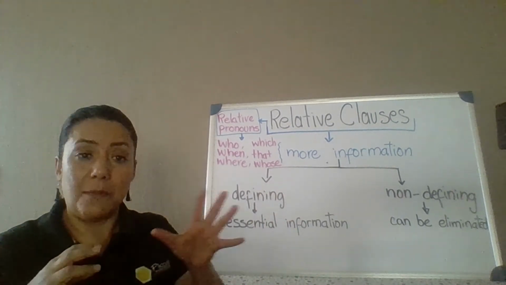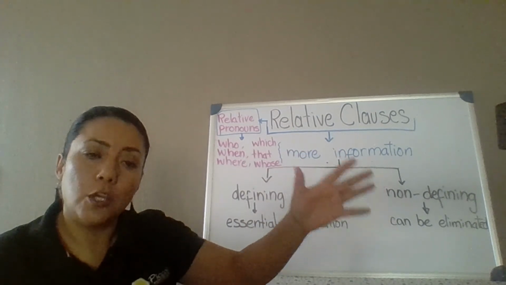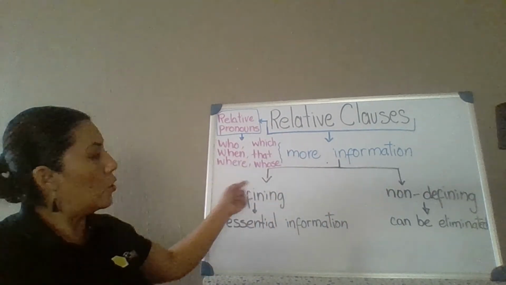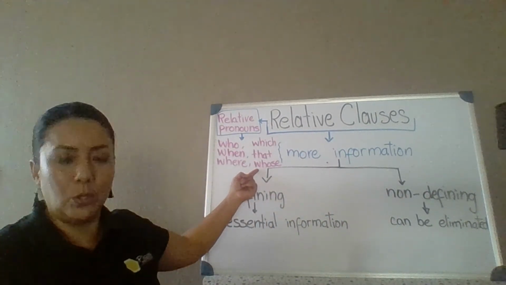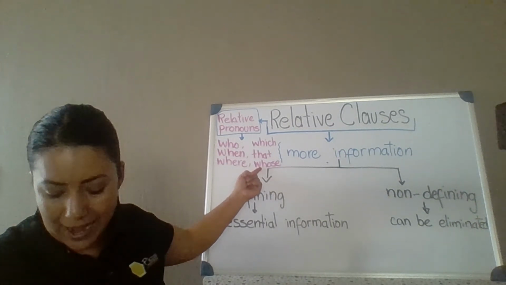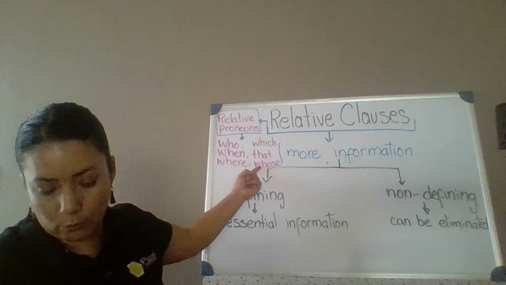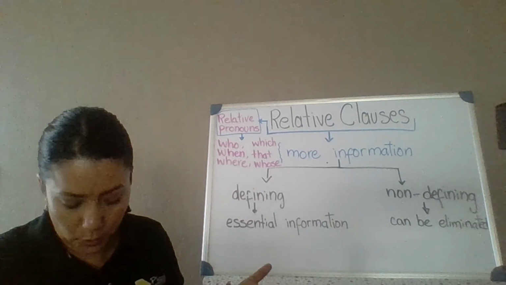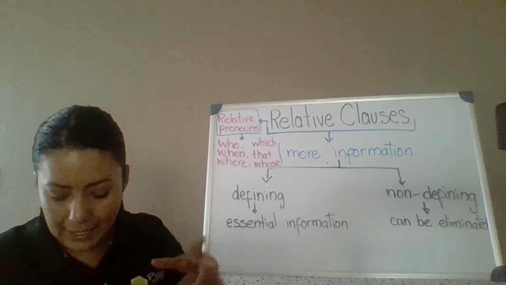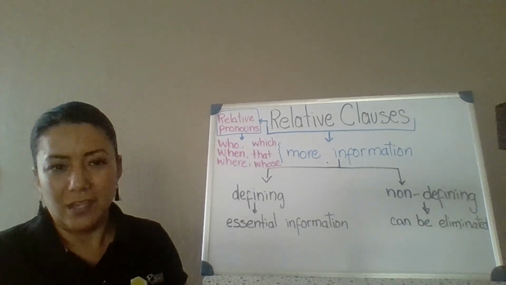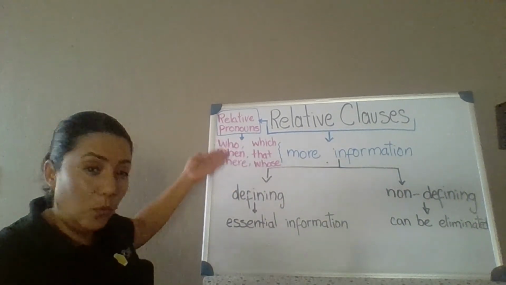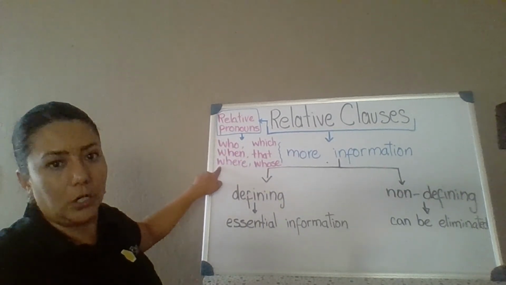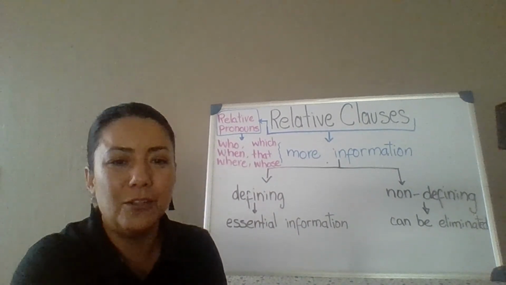We're talking about a man and we're talking about this man's job. It shows possession. So, which one shows possession? Remember? Whose. The man whose job had been interrupted was quite angry. Okay, so that's the relative pronoun for number 3. And let's go to number 4. I want to go to a place. There is a beach. If we're talking about a place, what's the relative pronoun we're using? Where? Correct. Write it down. Good job.